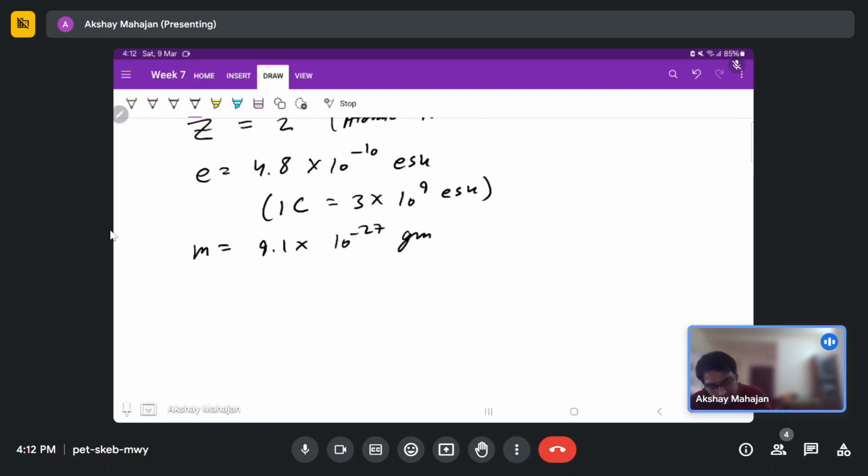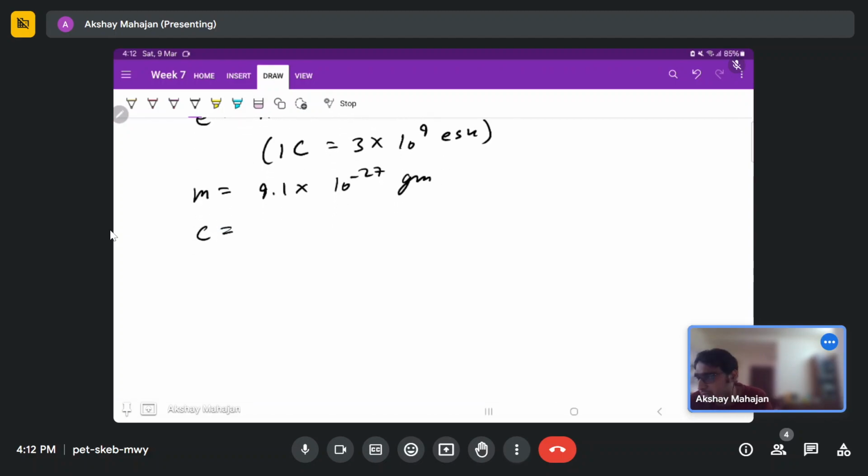and c is your speed of light, which is 3 × 10^10 centimeter per second. Na is your Avogadro number, which is 6.022 × 10^23 mole inverse.